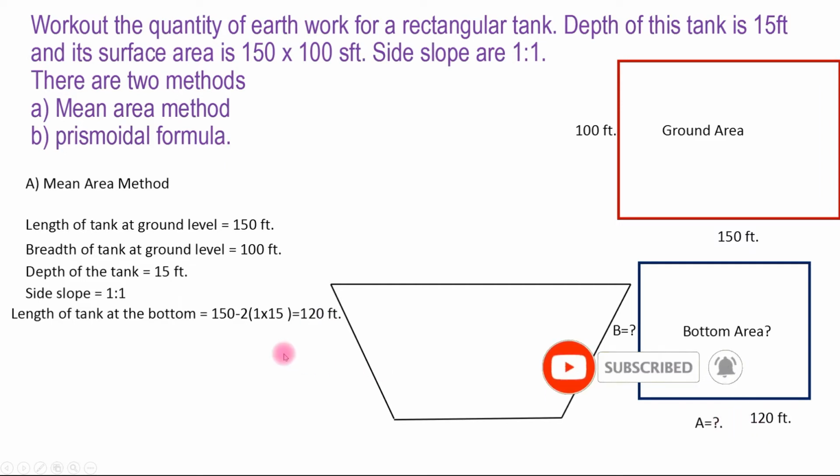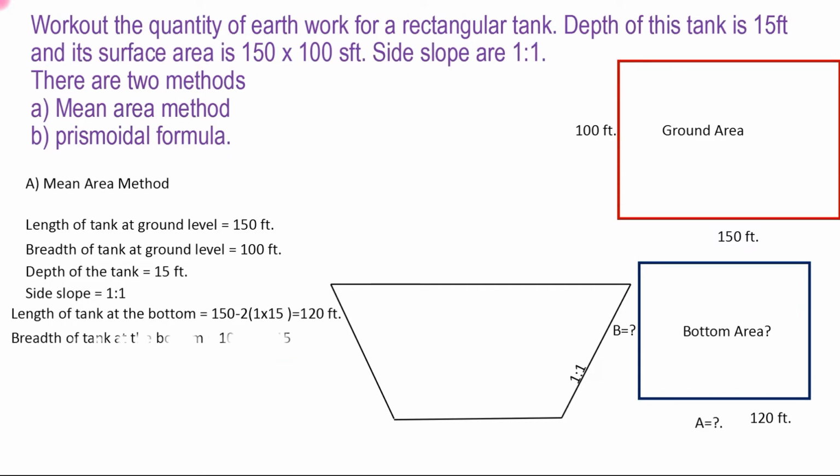Second, for the width of the tank, we use the same calculation. Breadth of tank at the bottom is 100, the top surface breadth, minus 2 for both sides, times the ratio 1 into 15, the depth. Here the breadth is 70 feet.